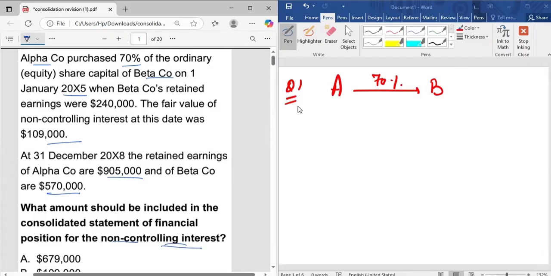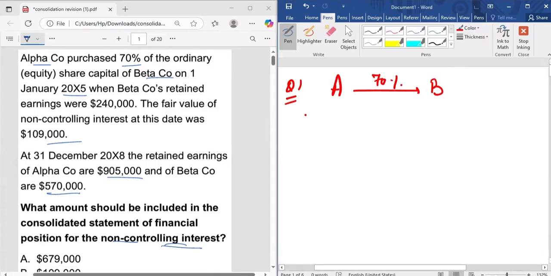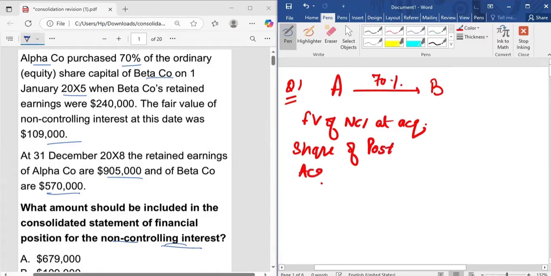Okay, so first let us write the formula. The formula for calculating NCI is fair value of NCI at acquisition, and then to this we add share of post acquisition profits of NCI.